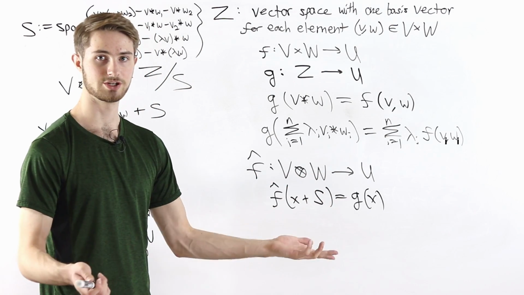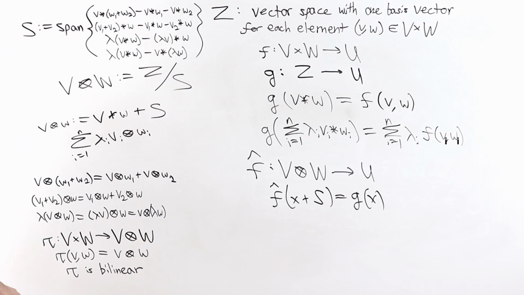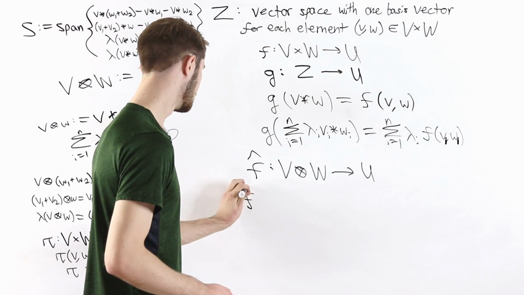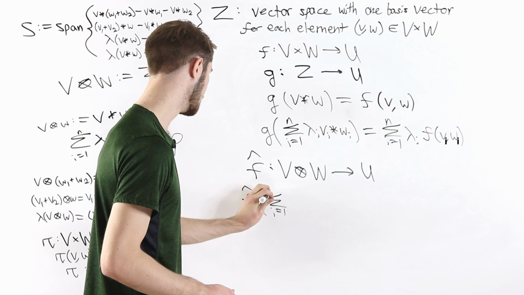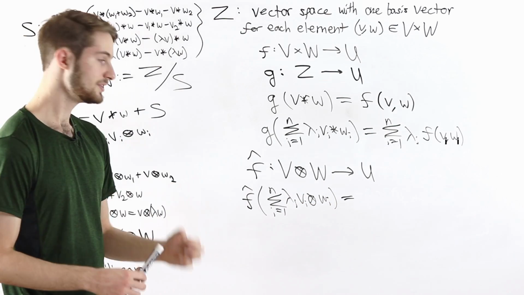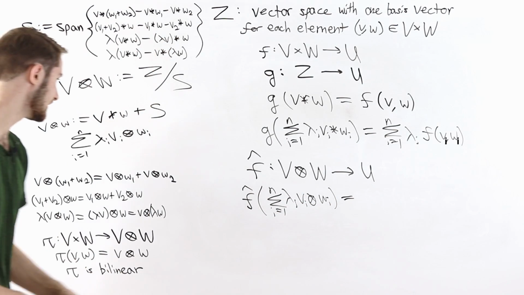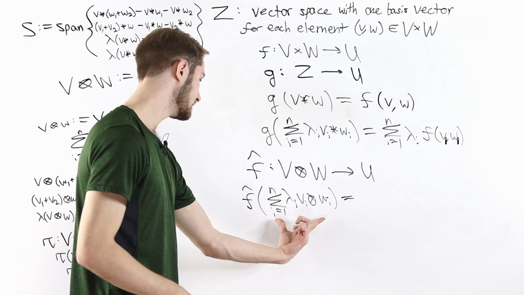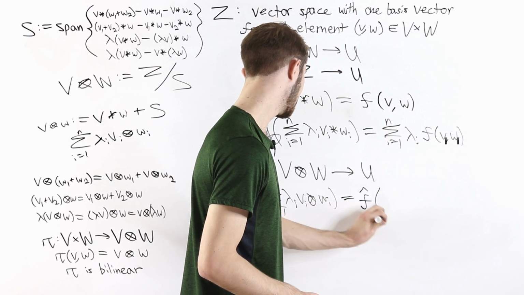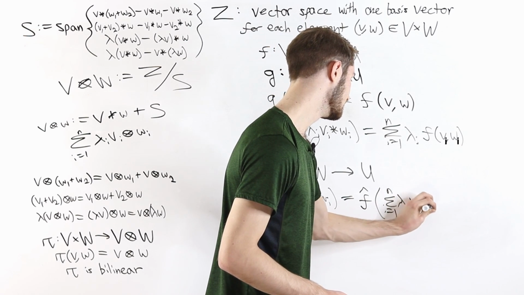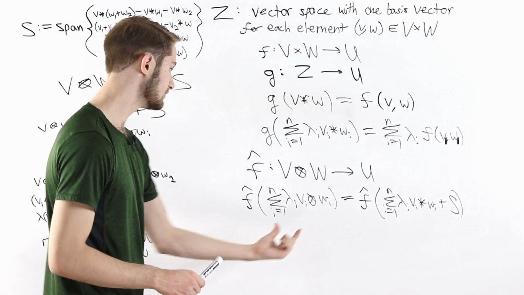So this gives us the definition of f hat, but let's see what that actually looks like if we write an arbitrary element of a tensor product as the sum of these pure tensors. So what is f hat applied to the sum from i equals 1 to n of lambda i times vi tensor wi? Remember that each of these pure tensors, vi tensor wi, is fundamentally the coset v star w plus S. So what we mean when we write this sum is we're looking for f hat of the sum from i equals 1 to n of lambda i vi star wi plus S. So each of these pure tensors is a coset.